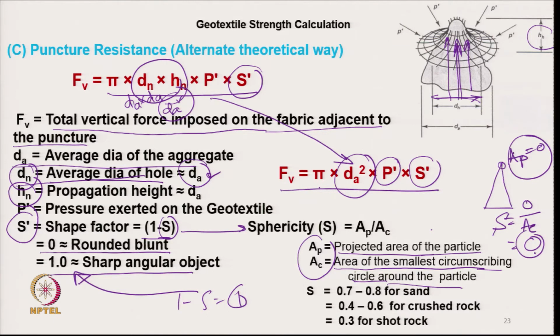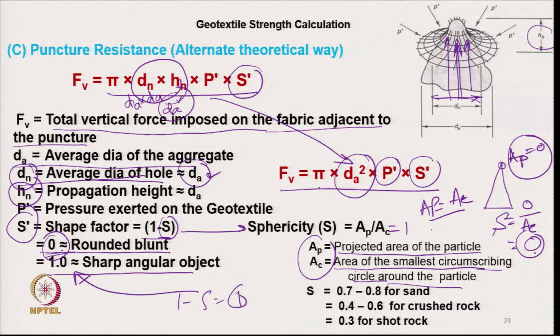For a totally blunt object, S will be equal to 1, where Ap equals Ac. So, if S is equal to 1, then S dash will be 0.